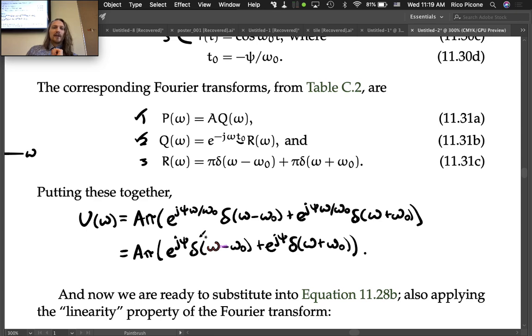So this assumption, going from this to this, what we say is, omega has to be equal to omega naught for this to be non-zero, and so therefore the delta is going to ensure that this expression is true. You could leave it in there. It's also fine to do that.